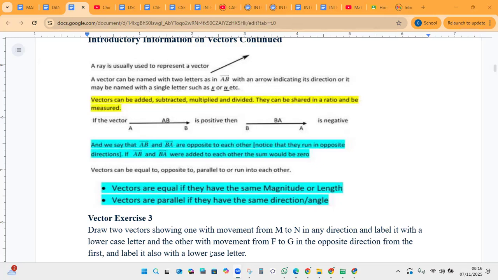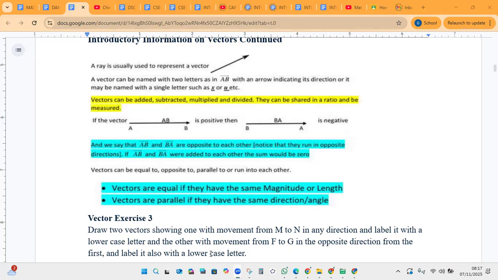It is also interesting to notice that vectors that are directly opposite to each other are technically parallel to each other. The only difference is that they are not going in the same direction. They are going opposite to each other, but basically their angles will be the same.